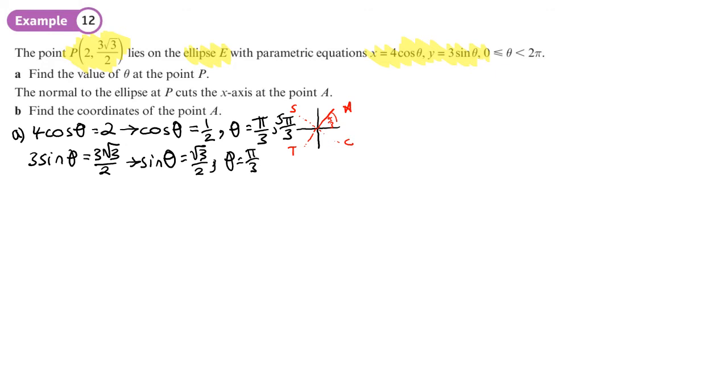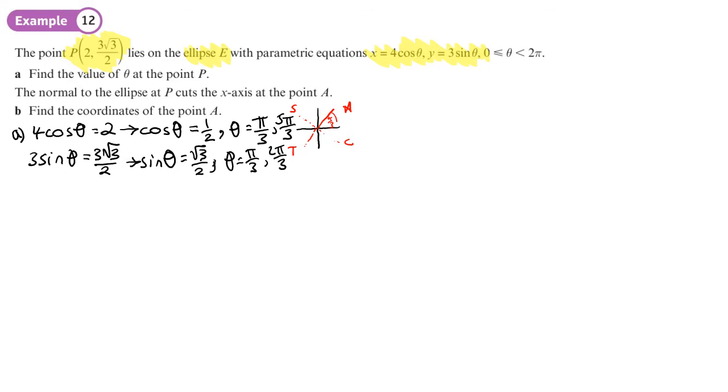Now, is that the solution or not? Well, let's have a look. Using our CAST diagram, the other place where sine theta would be root 3 over 2 would be over here, which is the same as pi minus pi over 3, which is like 3 pi over 3 minus pi over 3. So it'll be 2 pi over 3.